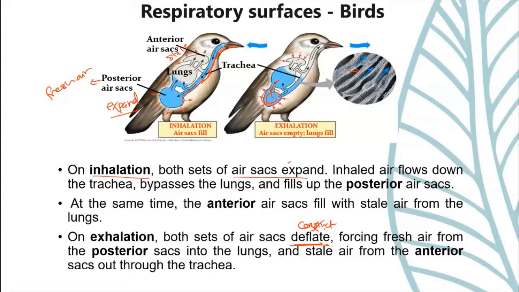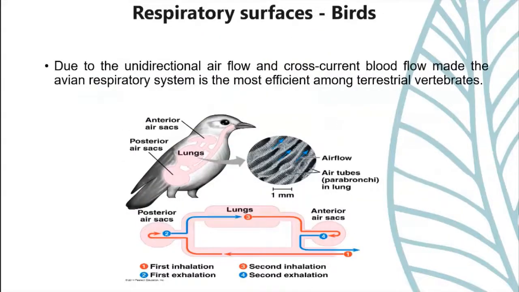So kalau stale air ni pula akan ditolak keluar, okay, through the trachea and out, okay, through the atmosphere. Okay, so kalau untuk birds ni, dia depend on unidirectional airflow, dan dia melibatkan two inhalation and two exhalation. Okay, two inhalation and two exhalation.